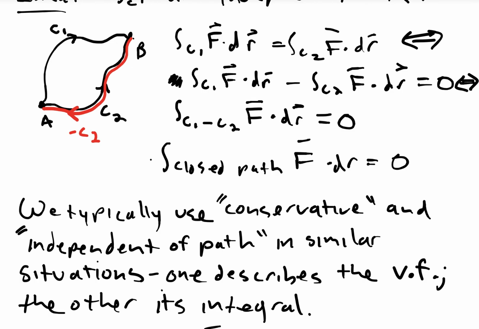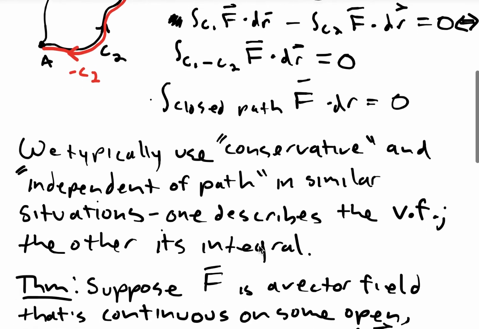They really pop up in similar cases. It's just that when I say conservative, that's a word that we use to describe vector fields, not integrals. And when I say that something is independent of path, I'm referring to an integral. Now, granted, we are taking that integral of a vector field, but this is kind of the main distinction that we're using here, right?